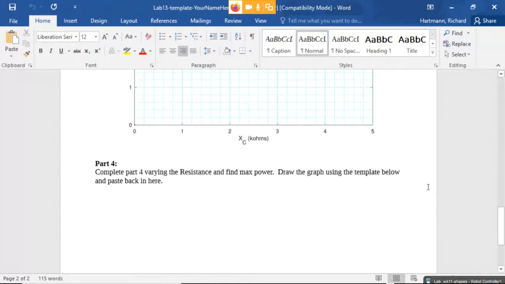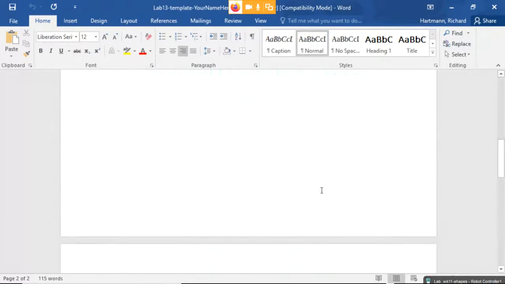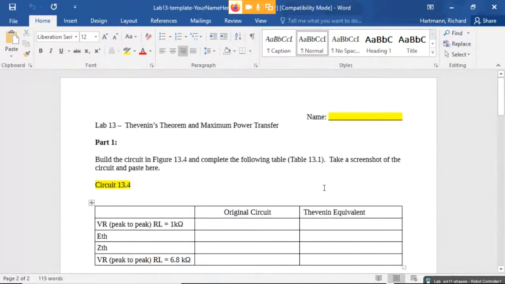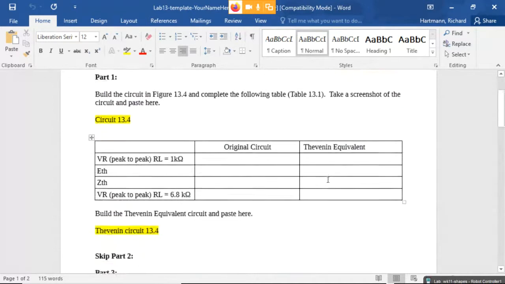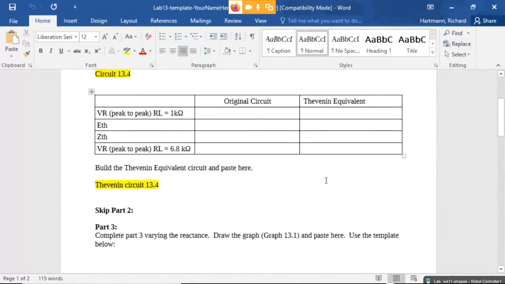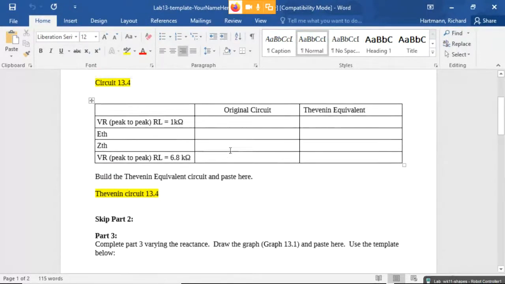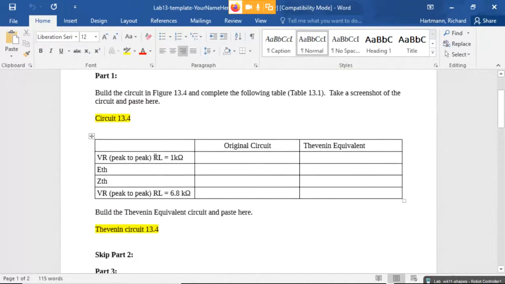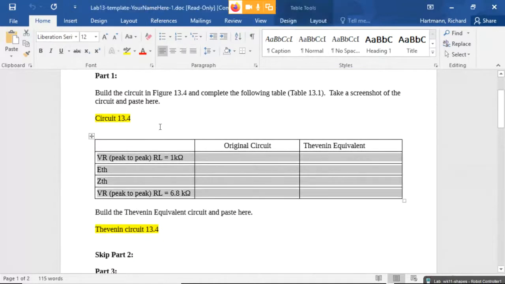But is there any questions on what we need to do for this lab? Okay. I'm not worried about, I mean, you've done his labs before, he asked 350 questions, okay? All I'm asking for is that you fill out this table.